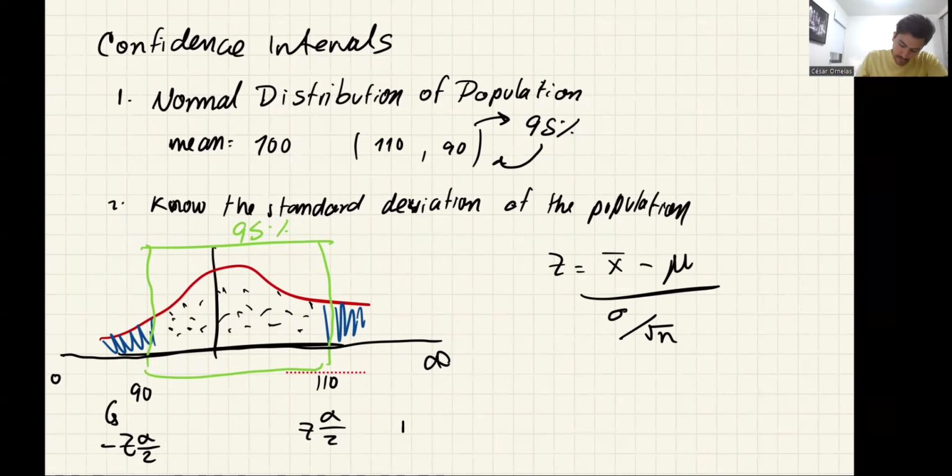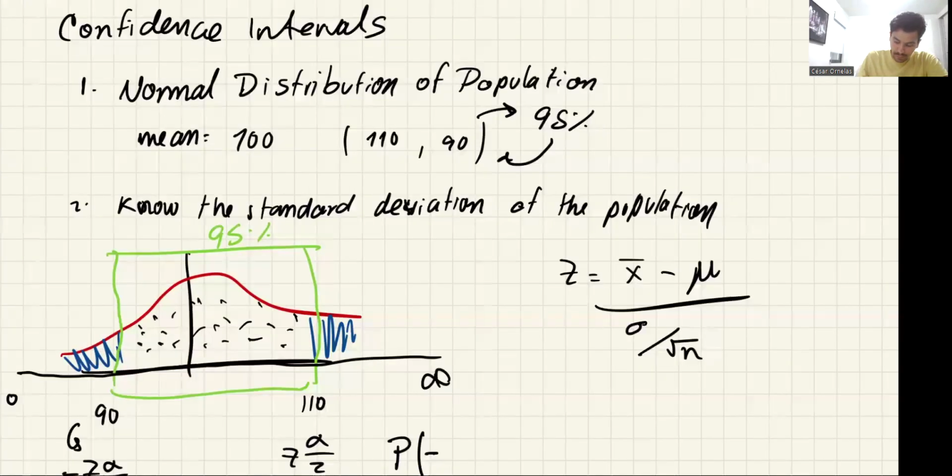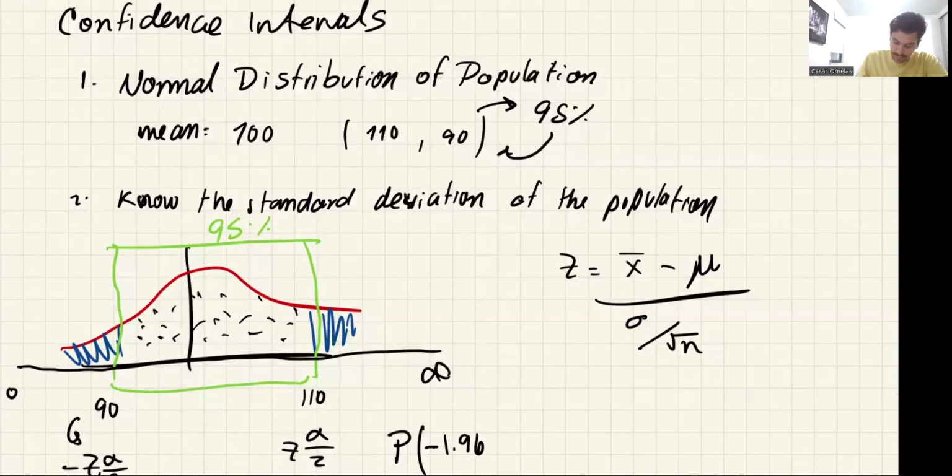So if we have the probability of minus 1.96, this is the formula. This 1.96 is because we want to know the region of 95%.